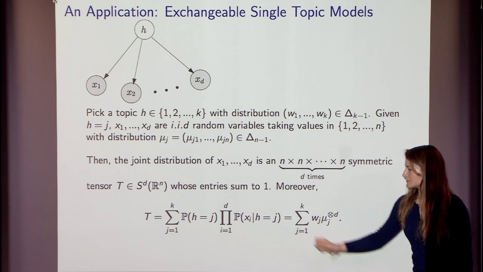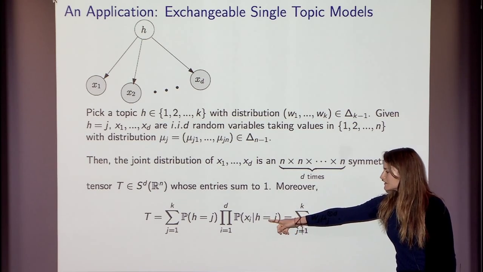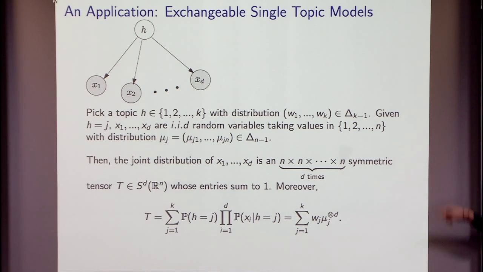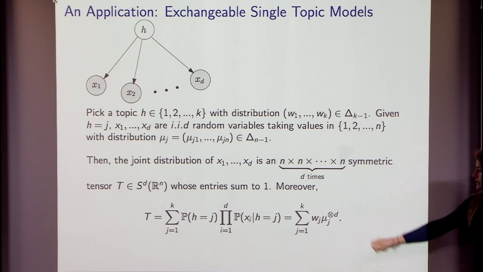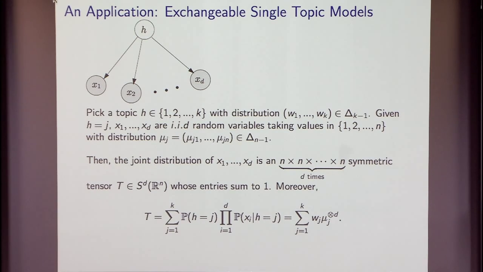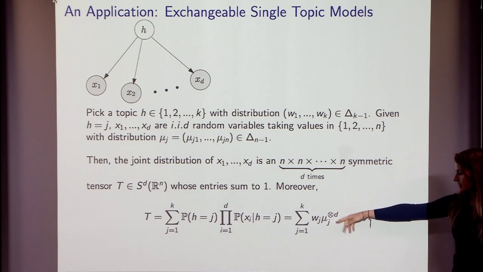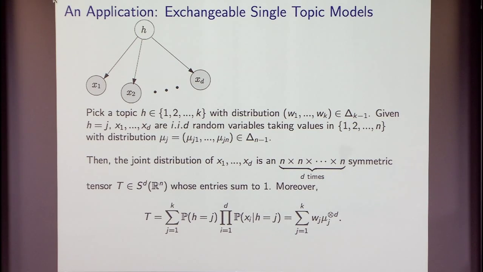This p of xi given h equals j is just a vector defining the distribution of the ith word given the topic is j, which, as we said before, is mu j. So the joint distribution equals exactly the sum over j from 1 to k of wj times mu j to the tensor power d. This is exactly a decomposition of this tensor, with rank at most k.